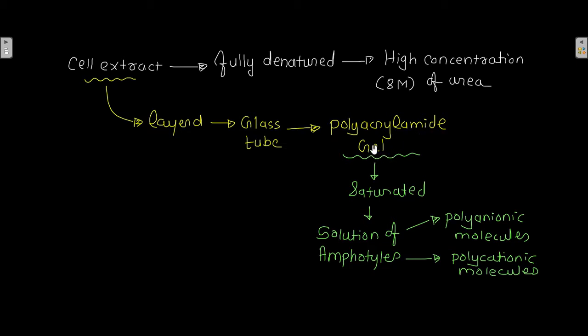The polyacrylamide gel in this glass tube is saturated with a solution of ampholytes, that is, a mixture of polyanionic molecules and polycationic molecules. So this is the first step of the two-dimensional gel electrophoresis.